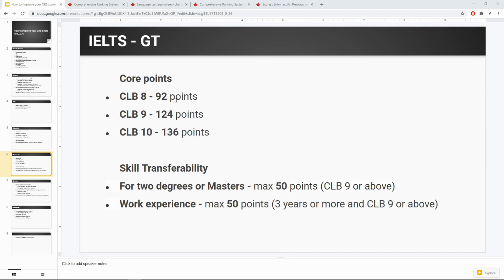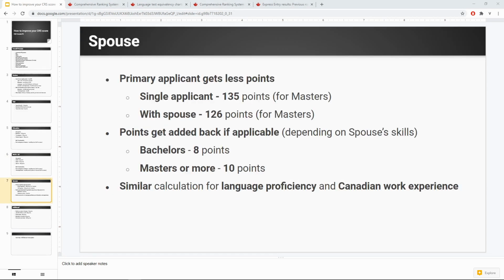If you are coming with your spouse, then the scoring system is slightly different, and that is what I'm going to talk about next. If you are coming with your spouse, then primary applicant gets less points. For example, single applicant who has a master's degree will get 135 points for their education, but with spouse you will only get 126 points for master's degree, but the points will be added back depending on spouse's skill.